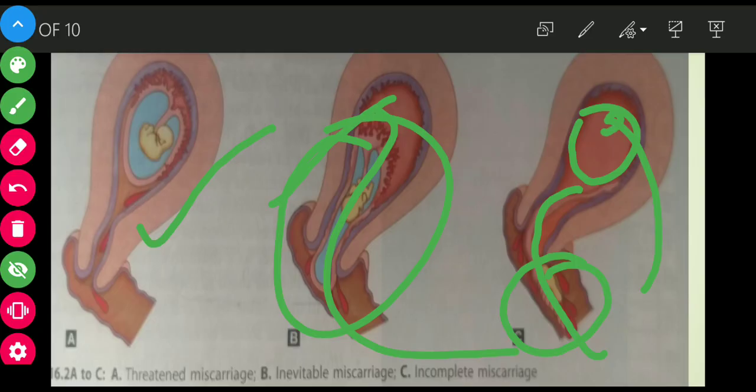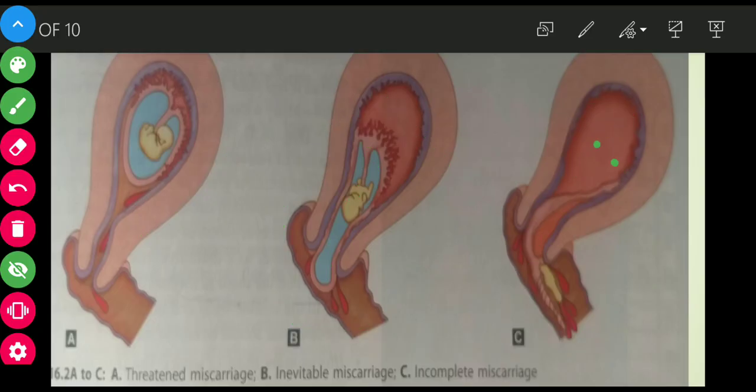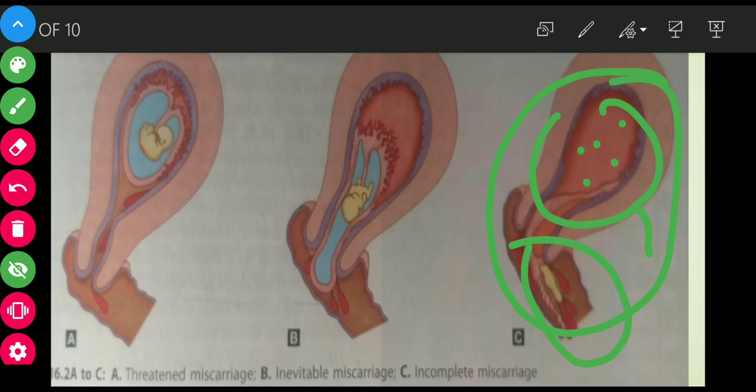A few parts, a few tissues are left inside, while most of the conceptual material has come out. Those tissues will remain inside. So what happens? Infection may occur and pain may start. So this is called incomplete. Threatened, inevitable, incomplete.